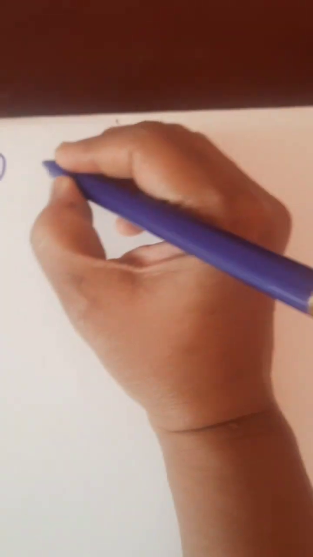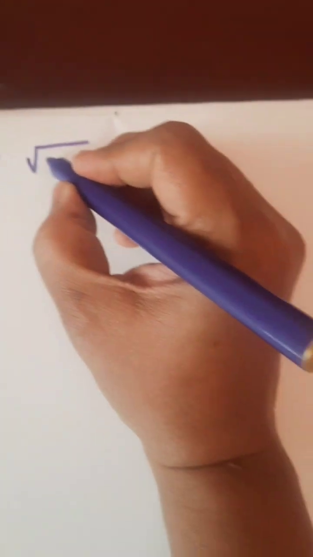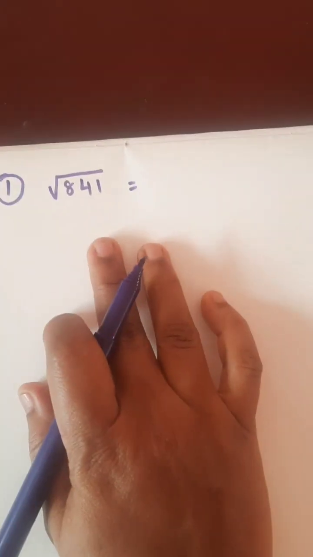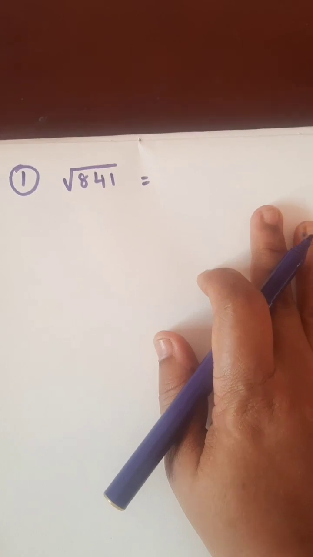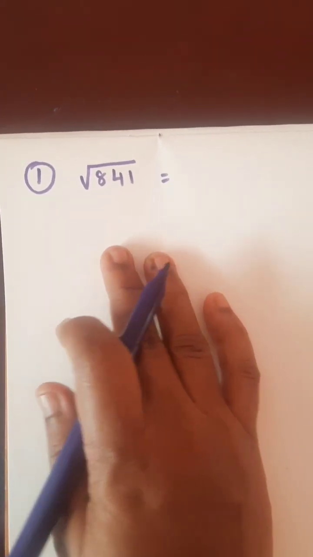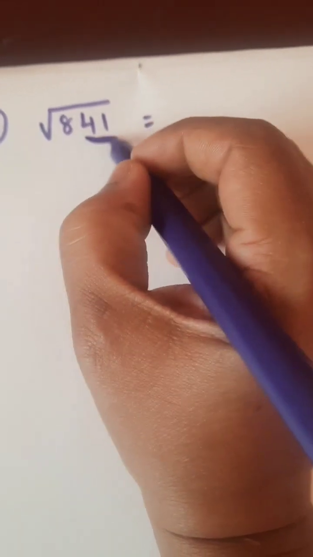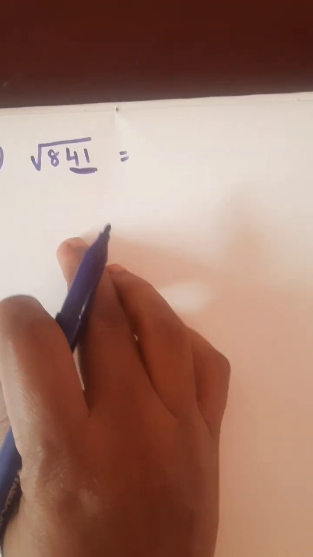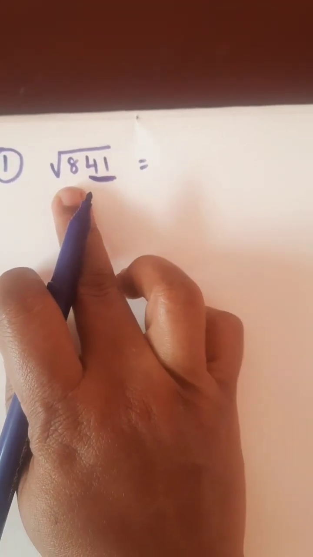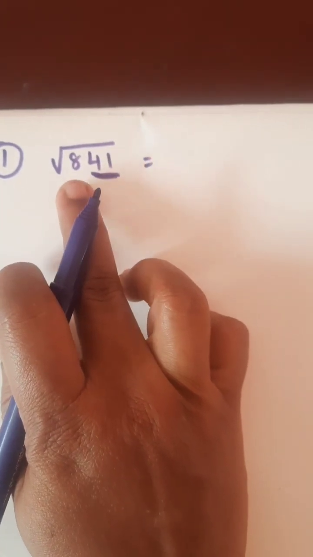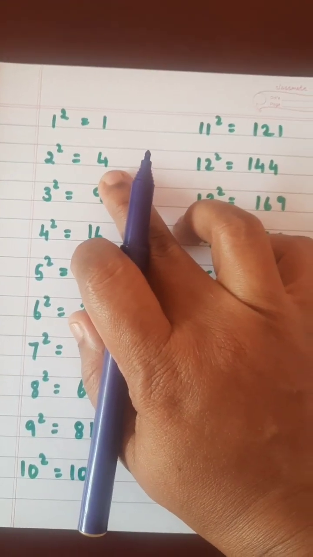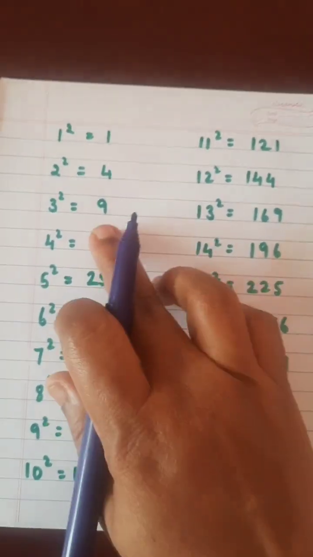The first example is root of 841. We have to find the root of 841. In this case, we segregate the last two digits and keep the first number as it is. For the first number, 8, we have to find the nearest square number, the nearest lesser number, not the greater number.